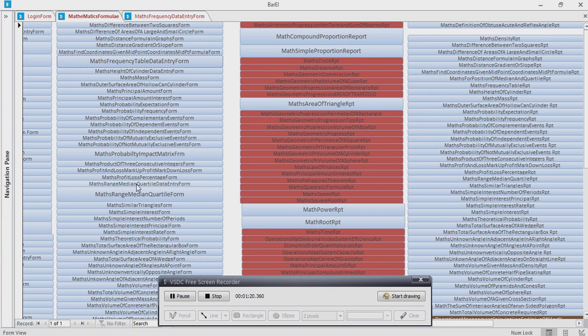Let us see how range, median, and quartiles are calculated. Range, median, and quartiles.